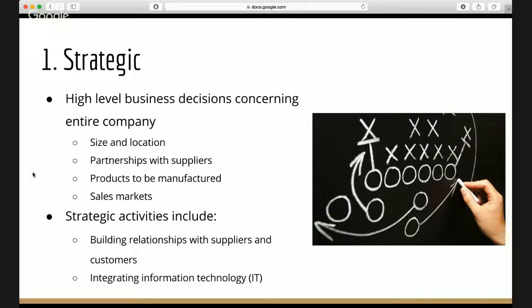And these activities also include building relationships with suppliers and customers, as well as integrating information technology into their supply chain, really getting that technological aspect backing their supply chain to maximize efficiency.